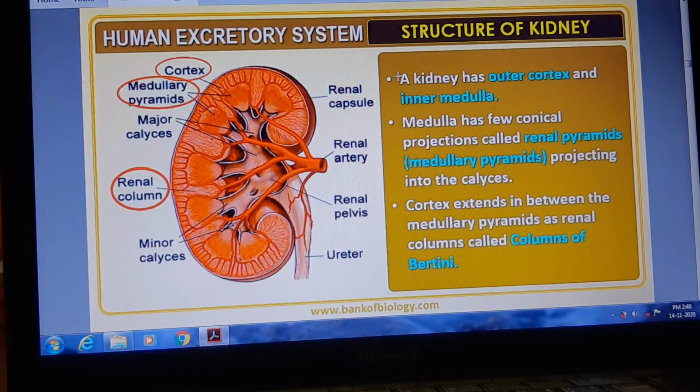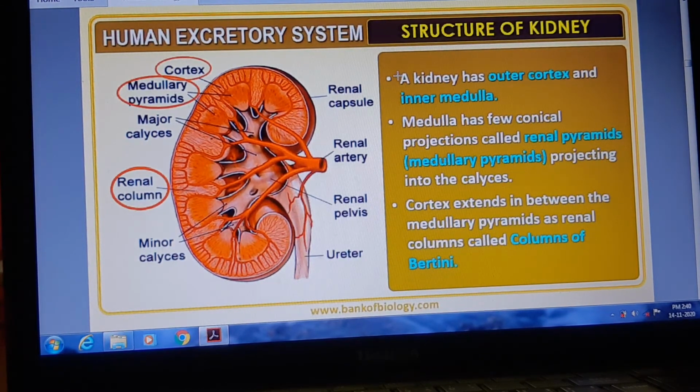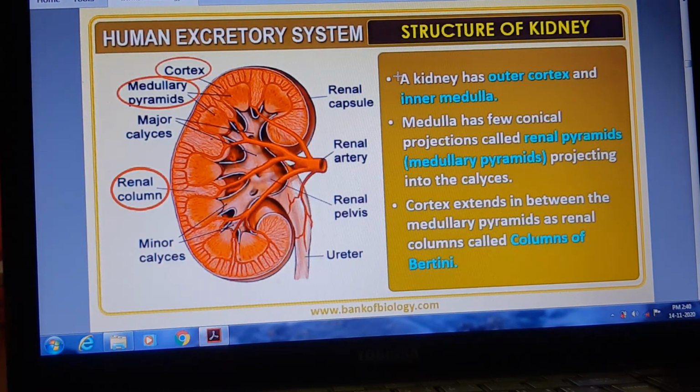Renal pyramids are the medullary structures of the kidney, projecting into the calyces. The cortex extends in between the medullary pyramids, and this is called the renal column, or column of Bertini.